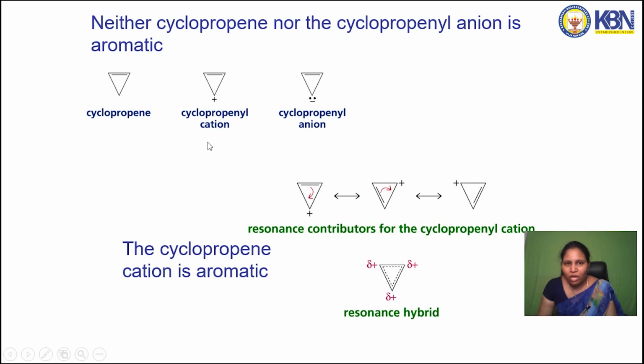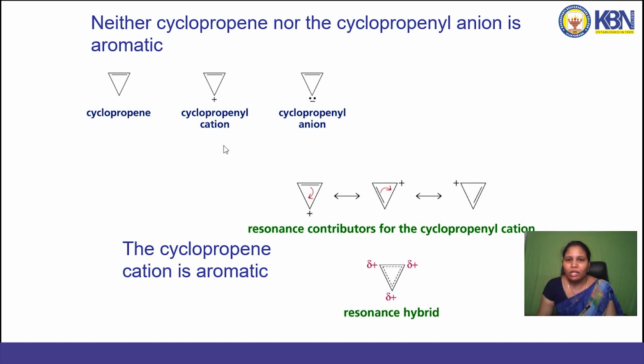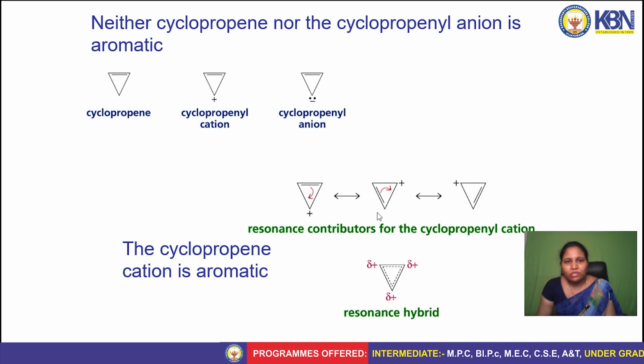Whereas the cyclopropenyl cation contains 3 resonance structures, that means 3 resonating structures. That means in the cyclopropenyl cation conjugation is possible.